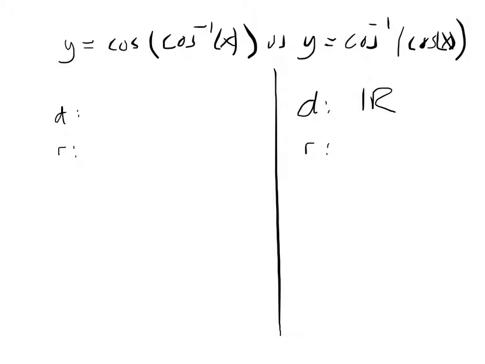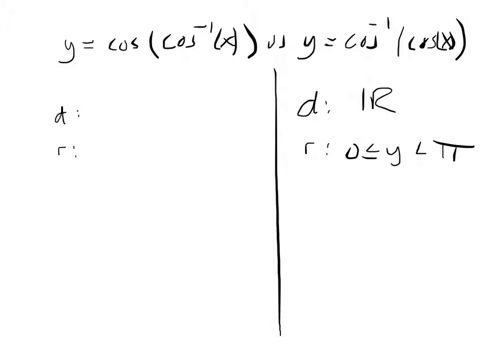Well, once I've put in an angle here, whatever it is, I'm going to take its cosine, and then what am I going to do with that trig ratio? Cosine inverse says I'm looking for an angle from 0 to pi that has this value as its cosine. So my outputs are only going to be between 0 and pi.